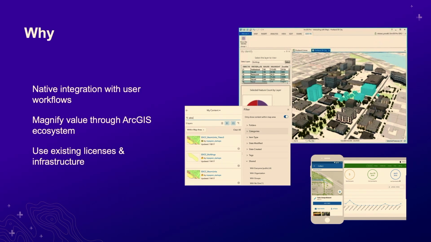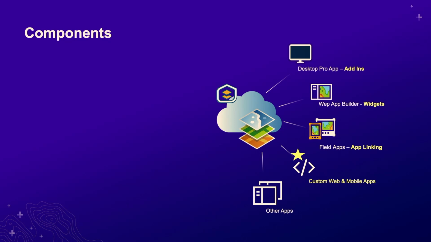Let's take a look at the components here. When it comes to the clients, on the desktop, this is really about ArcGIS Pro. That's really the focus there, and you can create ArcGIS Pro add-ins. When it comes to Web App Builder on the web, you can create widgets. And out of the hundreds of thousands of applications built with Web App Builder today, many of those are using partner widgets. We also have the new Experience Builder, which is just released, that enables you to create custom widgets as well.